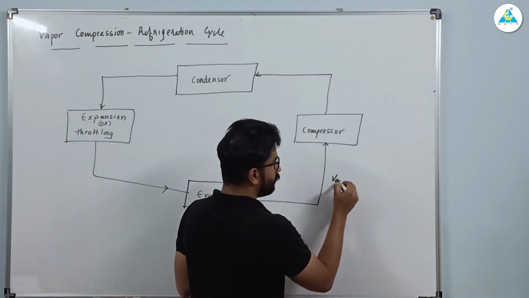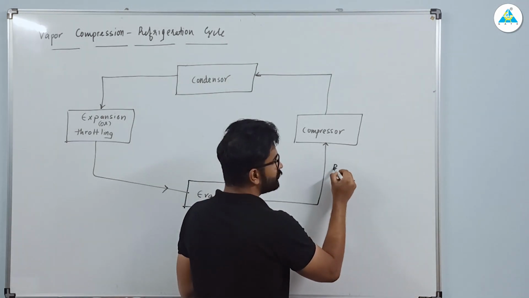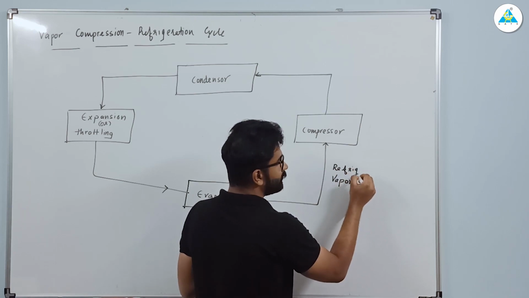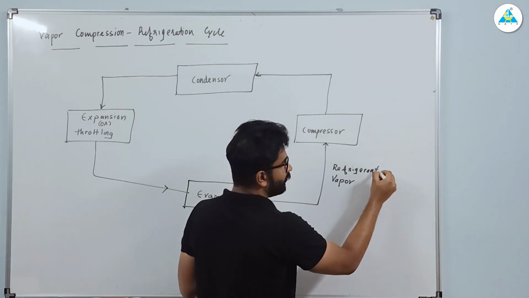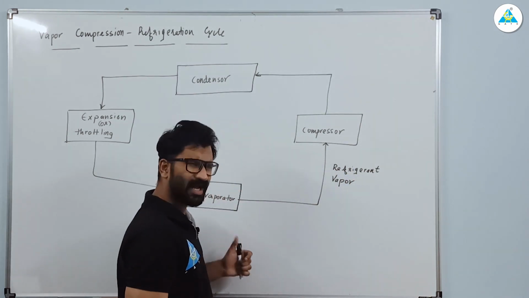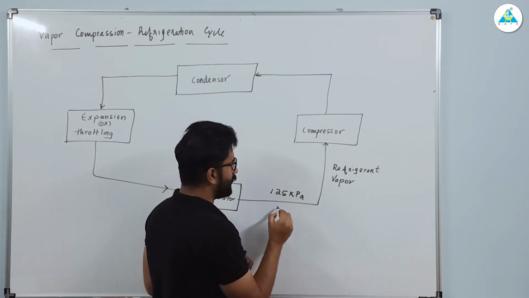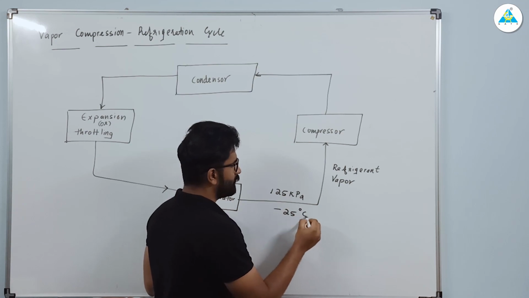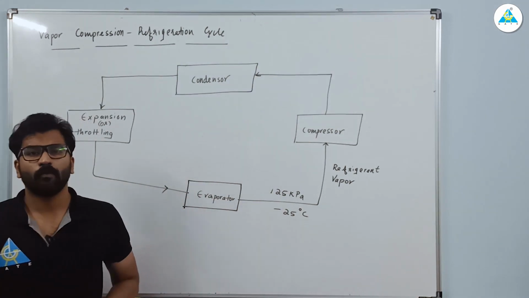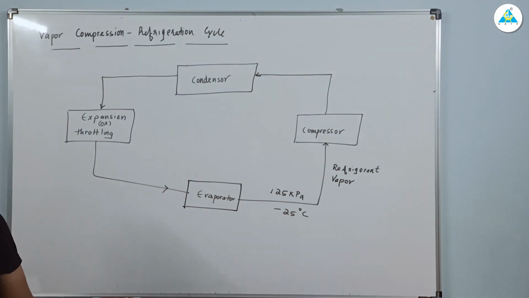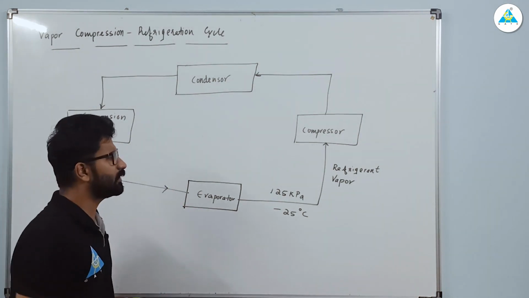Here we have a refrigerant vapor. Refrigerant is the working fluid. For example, let's say 125 kilopascal and minus 25 degrees Celsius.